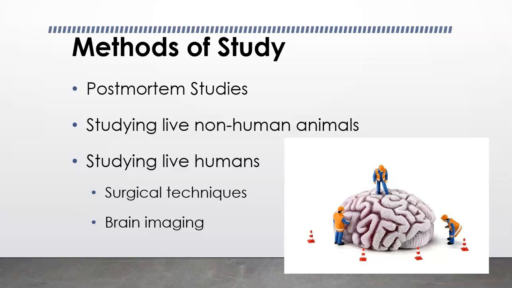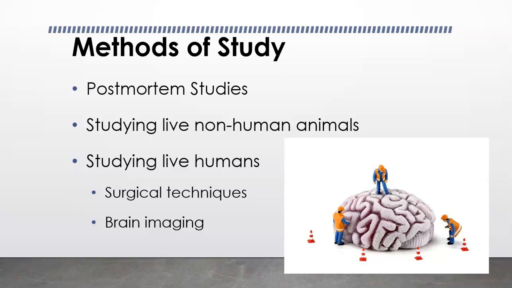The first one is postmortem studies. These are pretty common for some case studies or for studying some overall structures or malformations in people. Obviously we're not just going to take a brain out of someone living's head and study it.